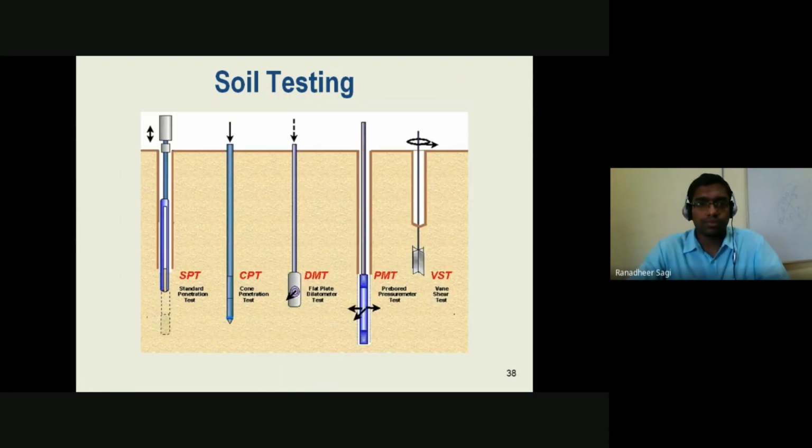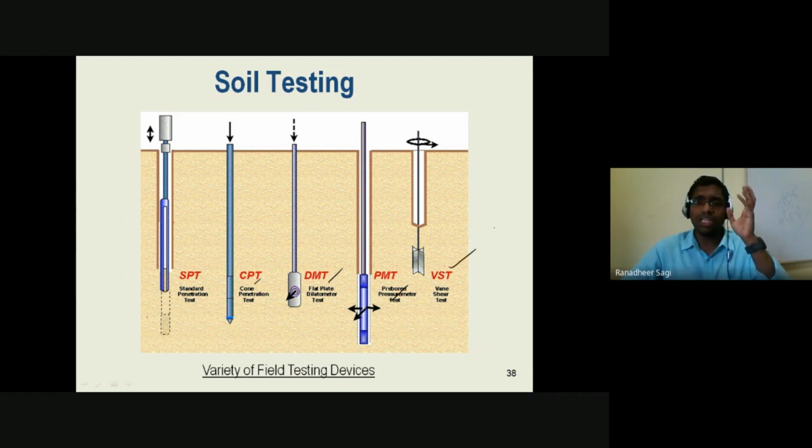You can conduct an SPT test, or a CPT test, or a dilatometer test, or a pressure meter test, or a vane shear test. Depending on the suitability of that test for the particular soil condition, you will decide which field test to conduct at that location to understand the condition of the soil there. Accordingly, based on the condition of the soil, you can take a decision on how the design of the structure has to be done in that area.